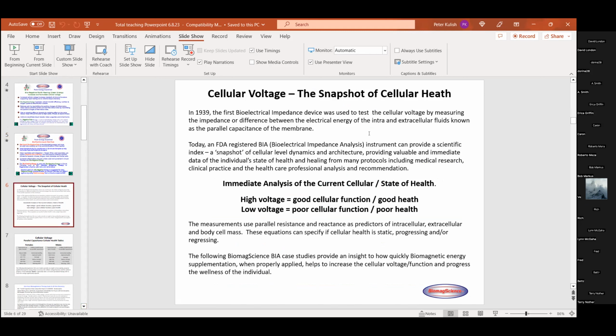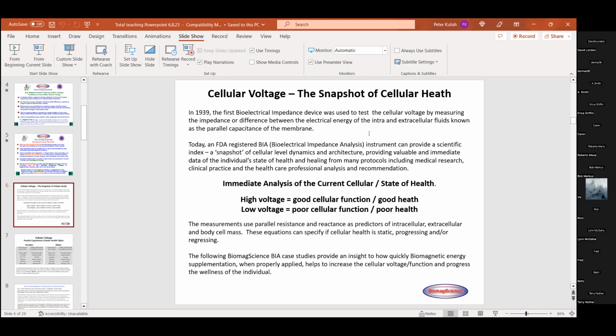Cellular voltage. It's interesting. People asked if I had read Jerry Tennant's work. He's a fellow that did a lot of study in cellular voltage. I hadn't. I'd come to this understanding on my own through some research that I was doing. And basically, I hired a research lady, and she started taking voltages on people who were very ill.